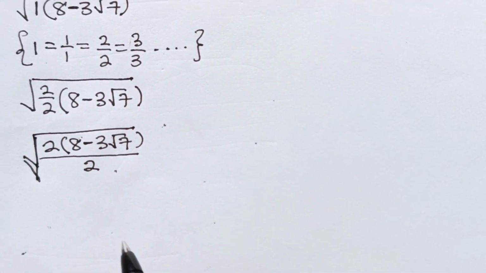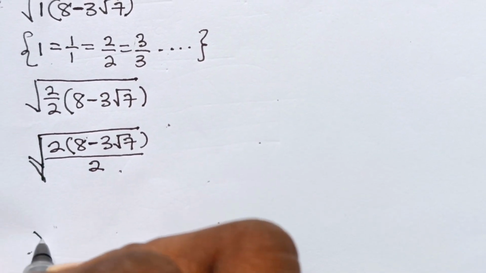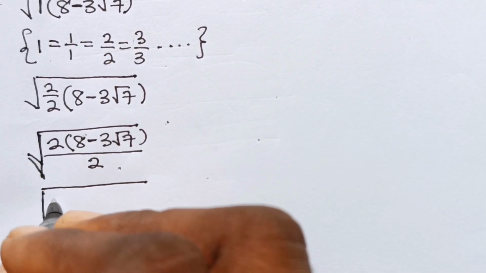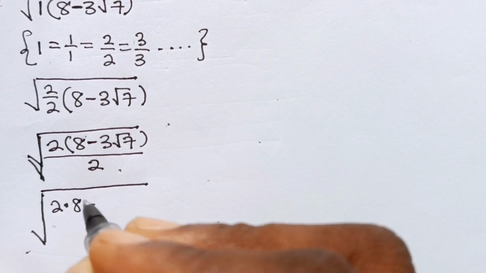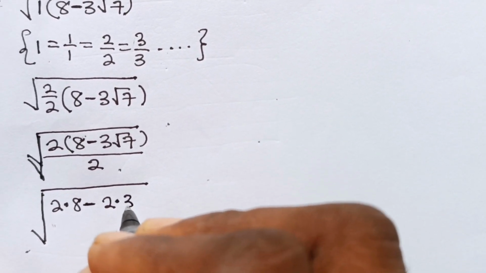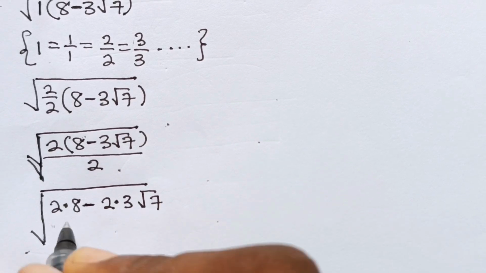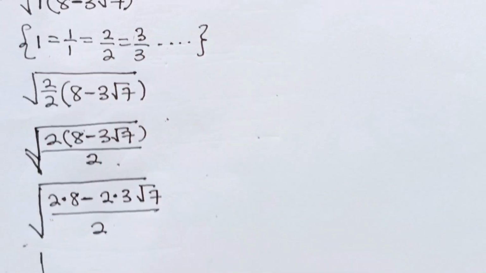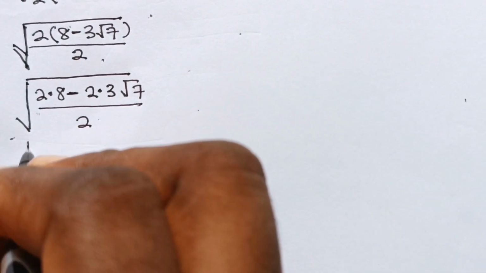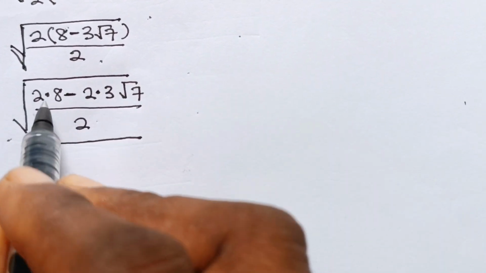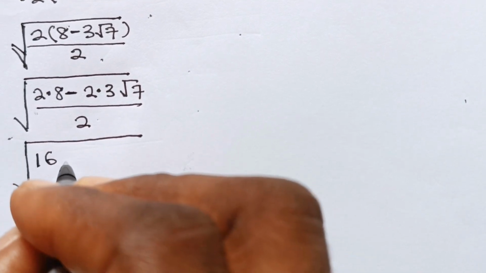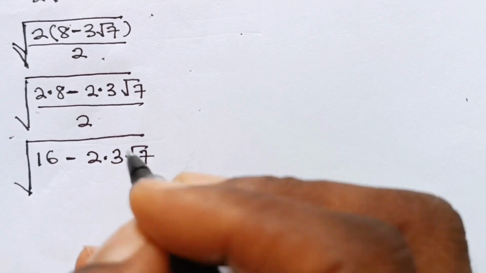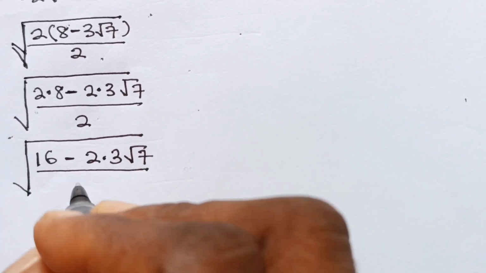Okay, now let's open the bracket. We have the square root of 2 times 8, 2 multiplied by 8 minus 2 multiplied by 3 root 7. Everything divided by 2. So we have the square root of 2 times 8 is 16 minus 2 multiplied by 3 root 7 divided by 2.